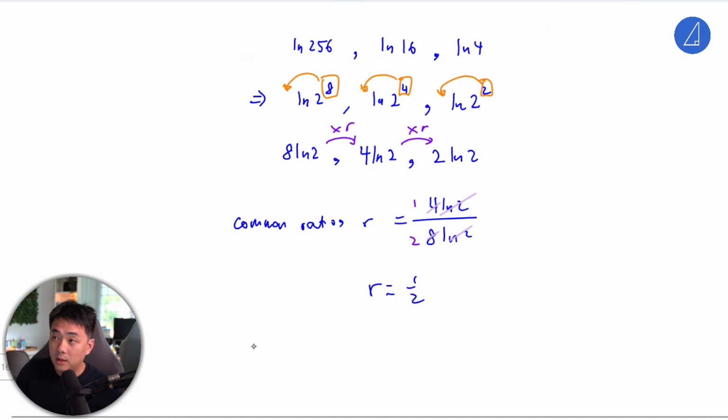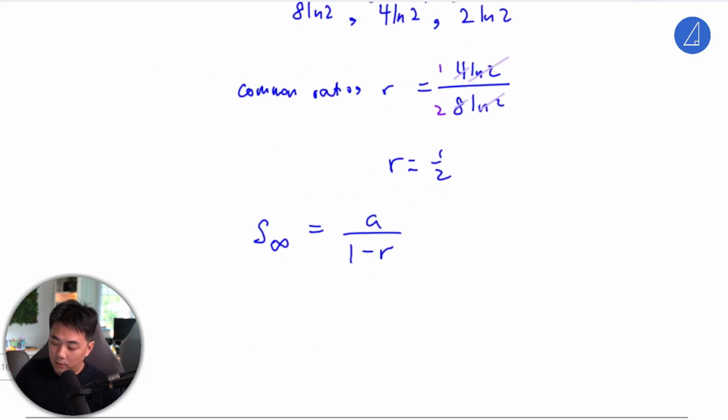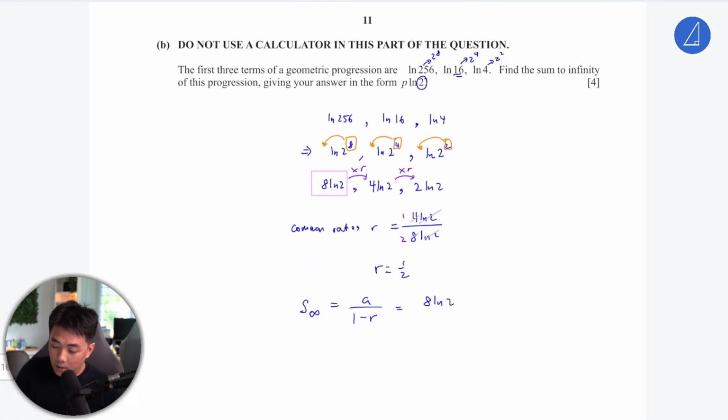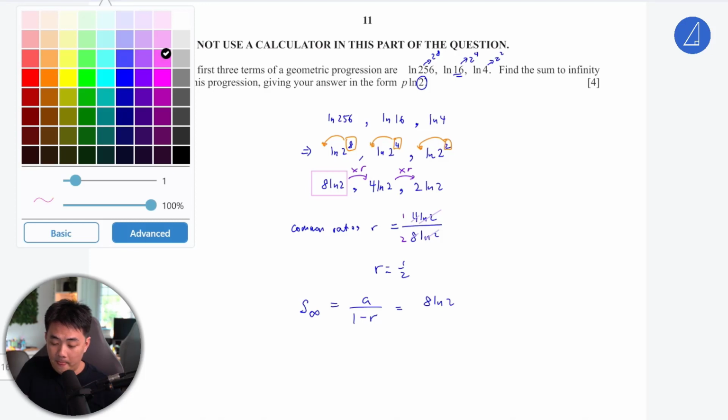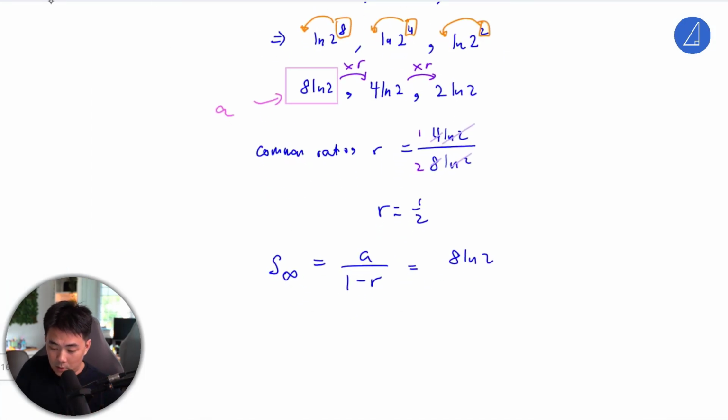So the sum to infinity is a over 1 minus r. The a is, similarly, 8 ln 2. So a is 8 ln 2. This is my a. Then for the denominator, I'm going to do 1 minus half, and I will get 8 ln 2 divided by half over here.